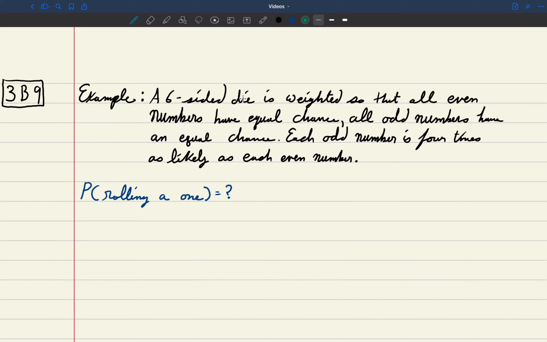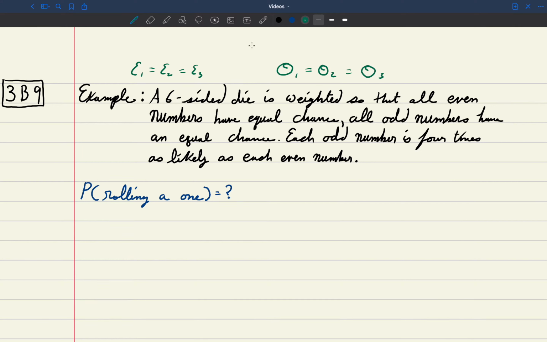Okay. So this isn't a normal die where all of the numbers are just a 1/6 chance. This is weighted so that the evens equal each other and the odds equal each other. So even 1 equals even 2 equals even 3, and odd 1 equals odd 2 equals odd 3. Okay?